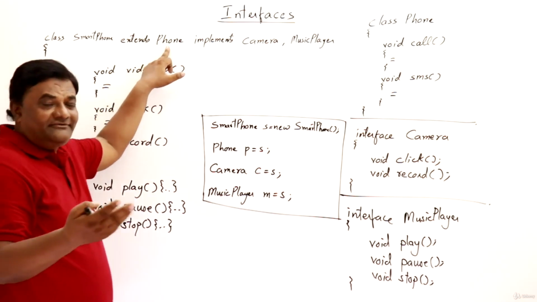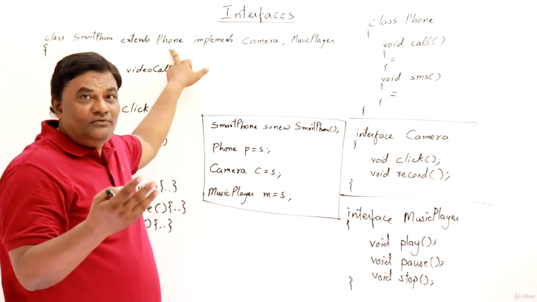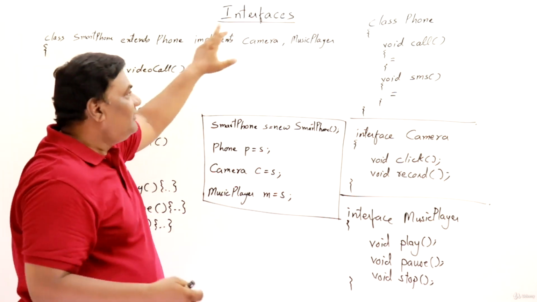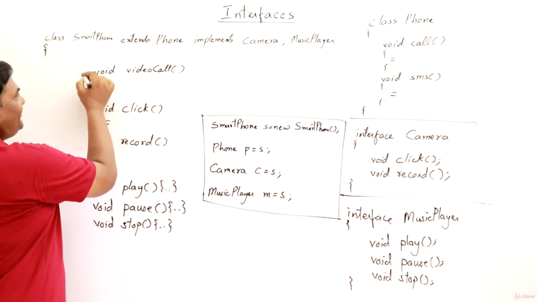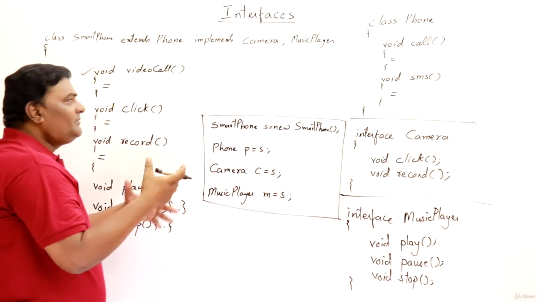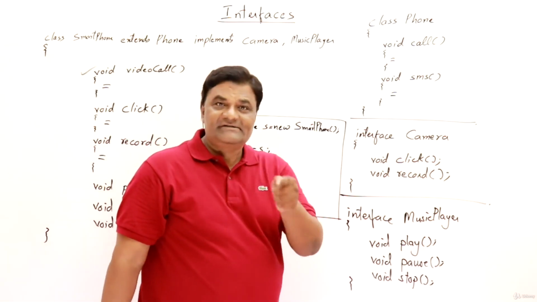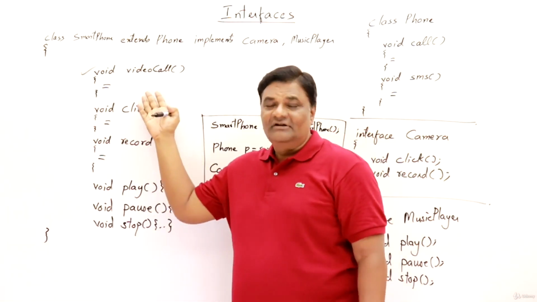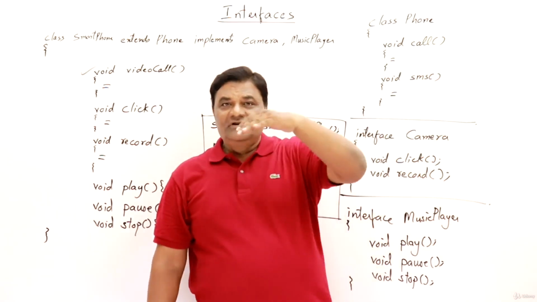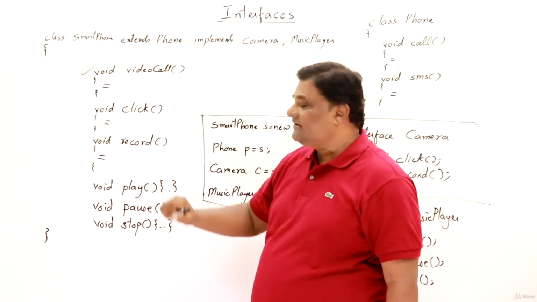Yes, all those things are available. Now I have written one more method here, video calling. In a normal phone, video calling is not there, but in a smartphone, video calling is there. So it has its own extra feature. These features are borrowed, plus one extra feature.